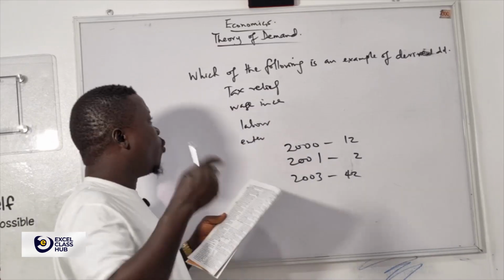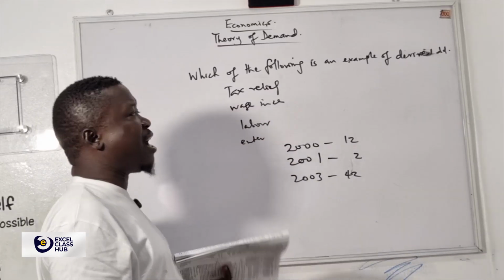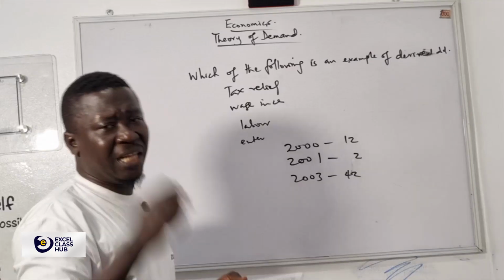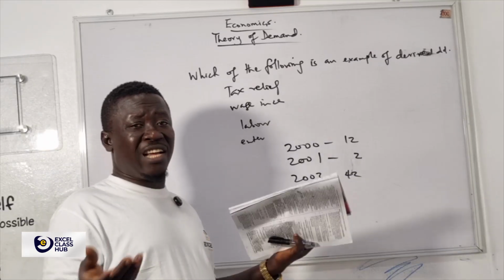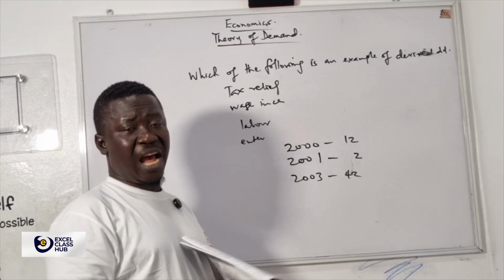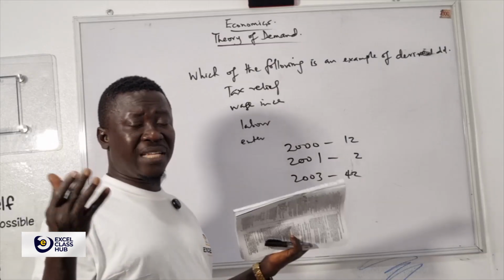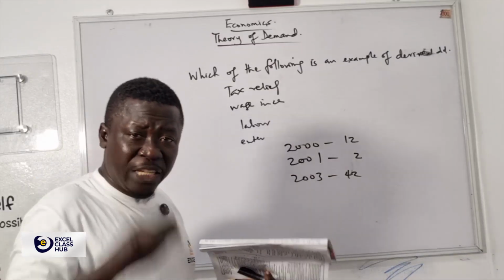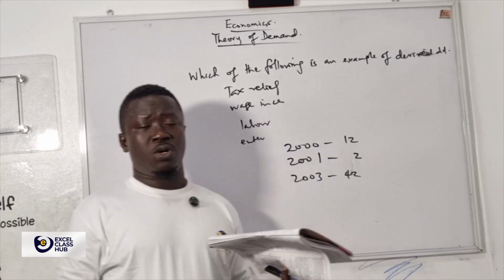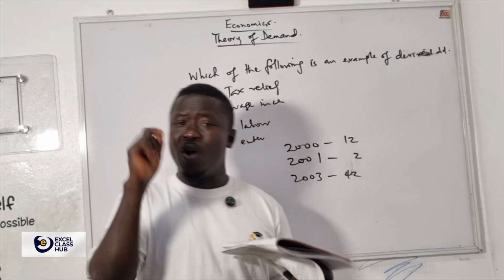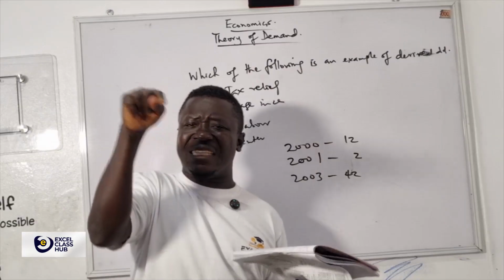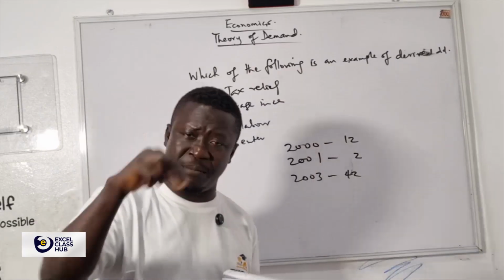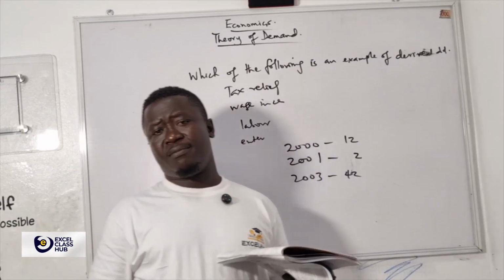The question says, which of the following is an example of a derived demand? What is that word, derived demand? You already have a big company and he employs 10 workers. Did he want to eat those workers? No. What he wants the worker to do for him is to produce in his company.